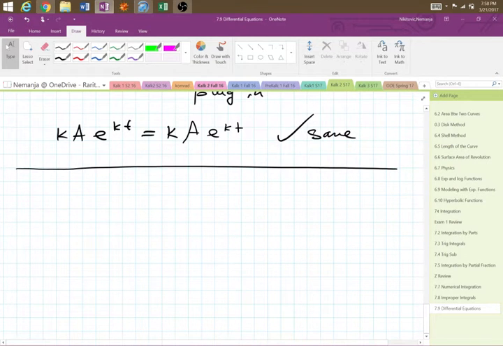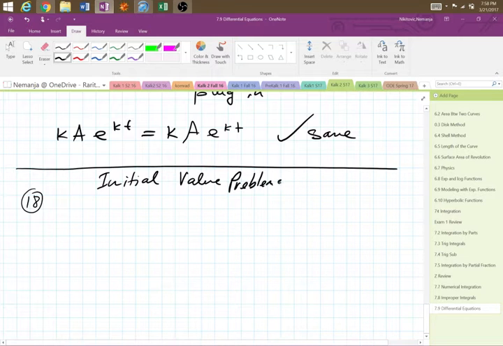So here's problem 18. Now I'm going to say this is an initial value problem. Guys, in these initial value problems, we are learning an extra piece of information. Every solution that we had so far is called a general solution, because you had that plus c, or a constant that was undetermined and so on.